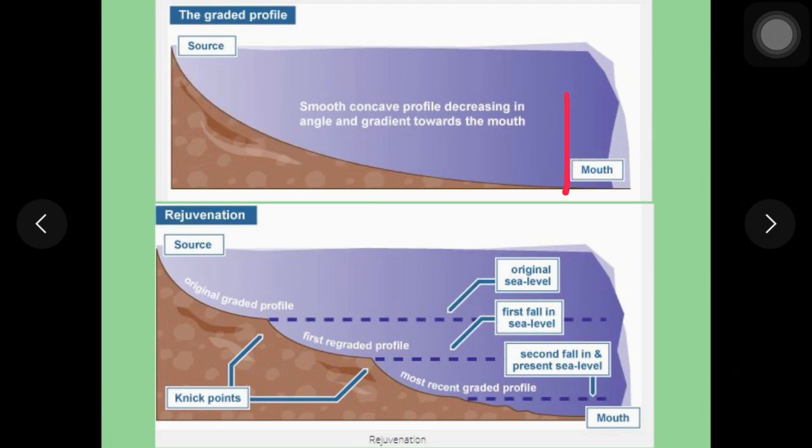So if sea level rises, there will be deposition of sediments within the river channel to attain this new graded profile. So it is not necessary that change in the graded profile means only erosion. Change in the graded profile can also result into the deposition of sediments.